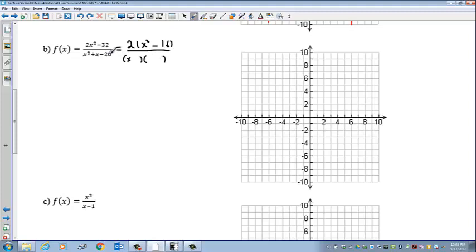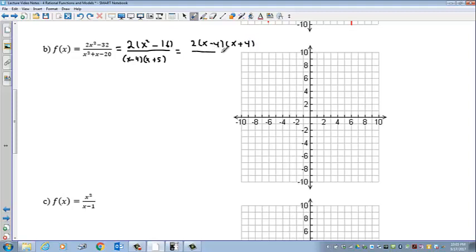So when I see 20, I think 4 and 5. Can I add or subtract 4 and 5 and get 1? Oh yeah, I can. So this is going to be x minus 4, and this is going to be x plus 5. That should do it. And I can continue to factor the top because of the difference of two squares: x squared minus 16 can be factored as x minus 4 times x plus 4.